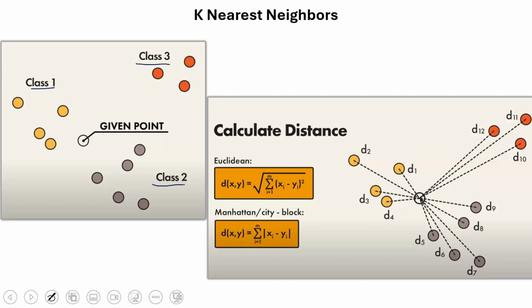Given any point, the classification method will try to assign a class to that data point, whether it is class one, class two, or class three. That is all we train the methods to do. It has to predict that particular point efficiently. That's what we do in classification training.